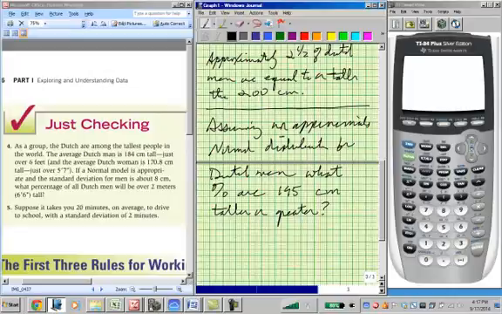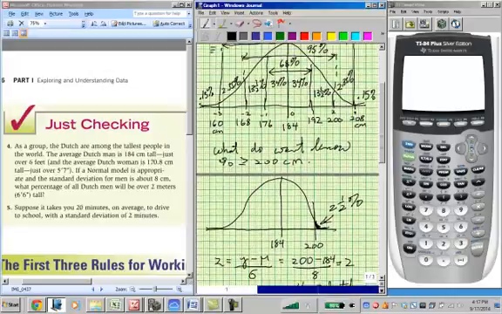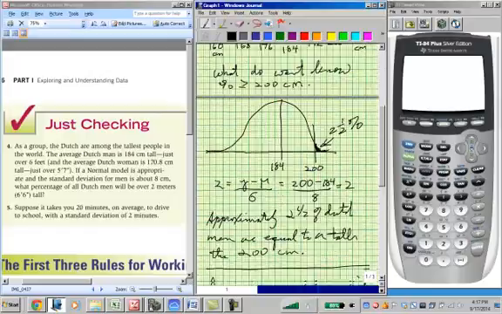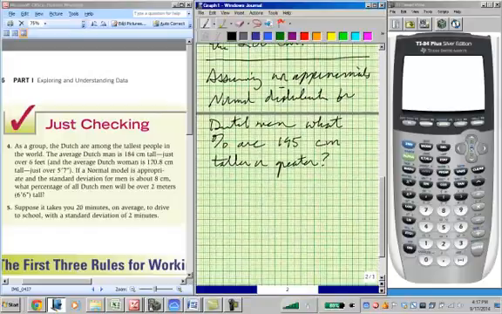What do we know? Well, we know that the mean and the standard deviation are 184 and 8, and we're told that the distribution is approximately normal. So preconditions are satisfied. We can use the normal model to answer this question. So what do we know? We know the mean and standard deviation. Preconditions are satisfied. This is what we want to know. Okay, draw a picture.